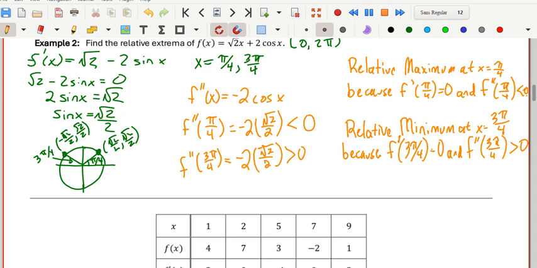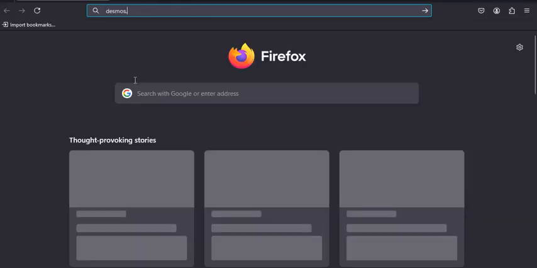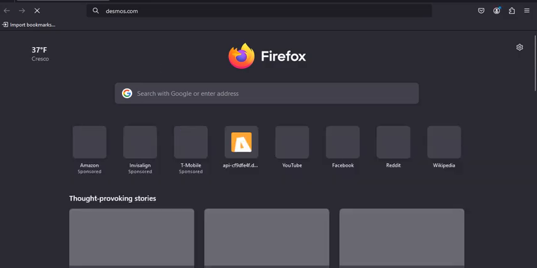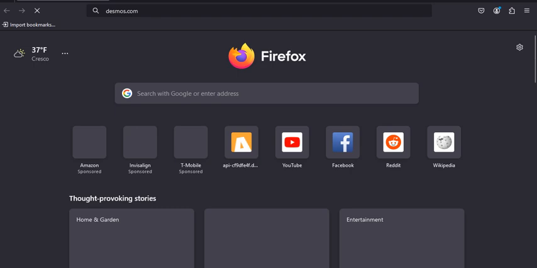All right. I guess that wouldn't be me if I didn't look at Desmos, right? So let's pop up Desmos, and it's root 2 x plus 2 cosine x. Let's see what we got here.